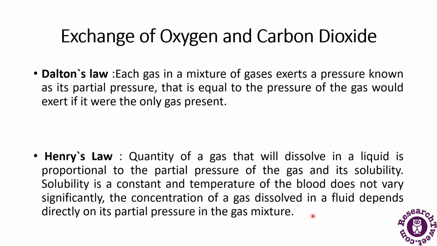For example, atmospheric pressure at sea level is 760 mmHg, and there is about 21% oxygen by volume in the atmosphere. So the partial pressure of oxygen is 0.21 times 760, which is around 160 mmHg.